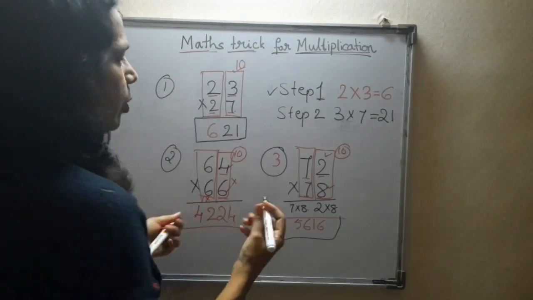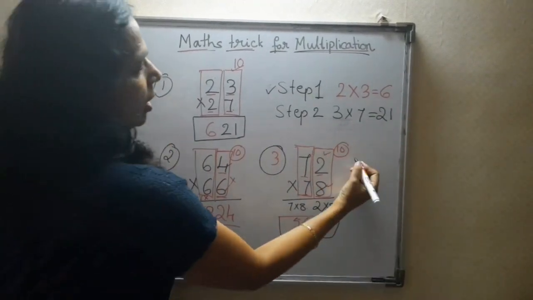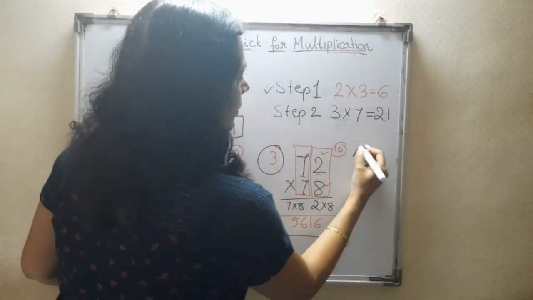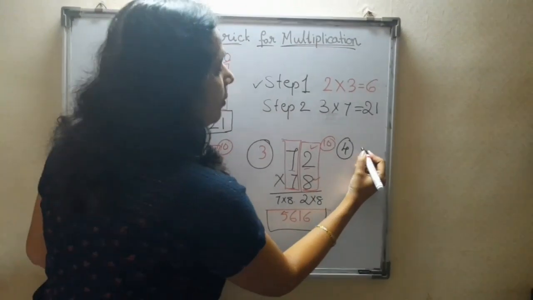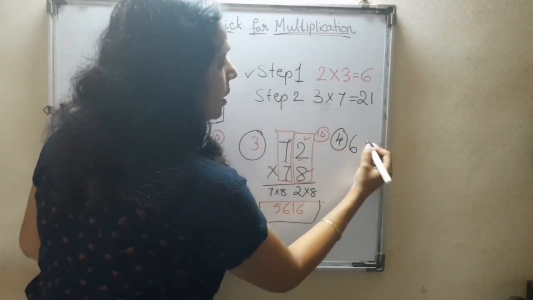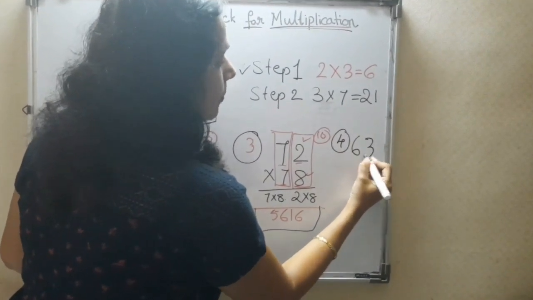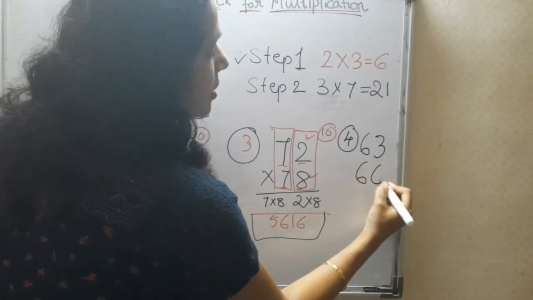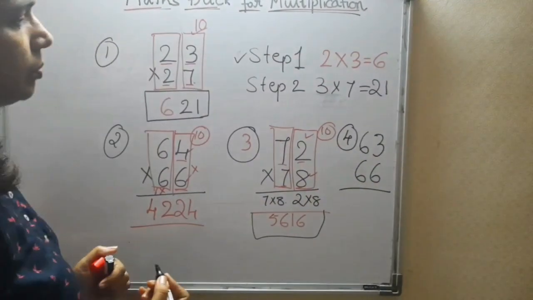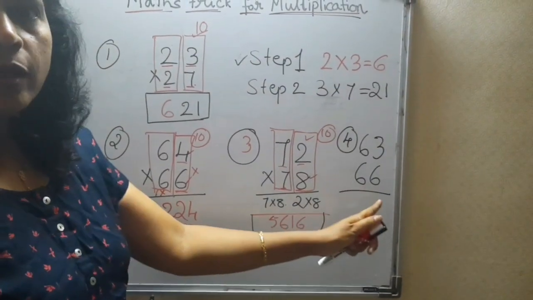Now let us see one more example, number 4. Now you are familiar with the examples. Now see, if I am giving here 63 and 6 something, is it possible?